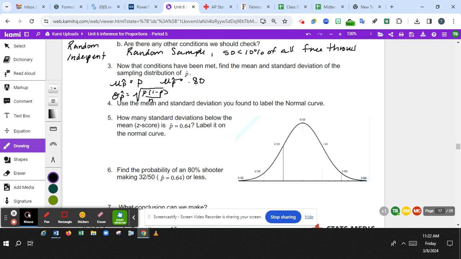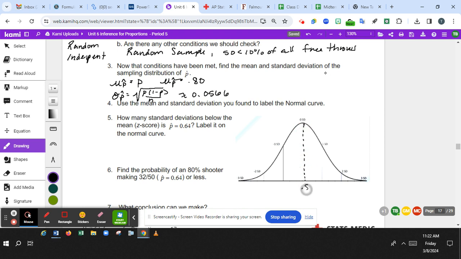0.8 times 0.2 over 50. So I get that this is approximately equal to 0.0566. Okay. So we're going to use this mean and this standard deviation to go back all the way to Unit 1 and label our normal curve the way that we have in the past. So I'm going to add that 0 standard deviation.